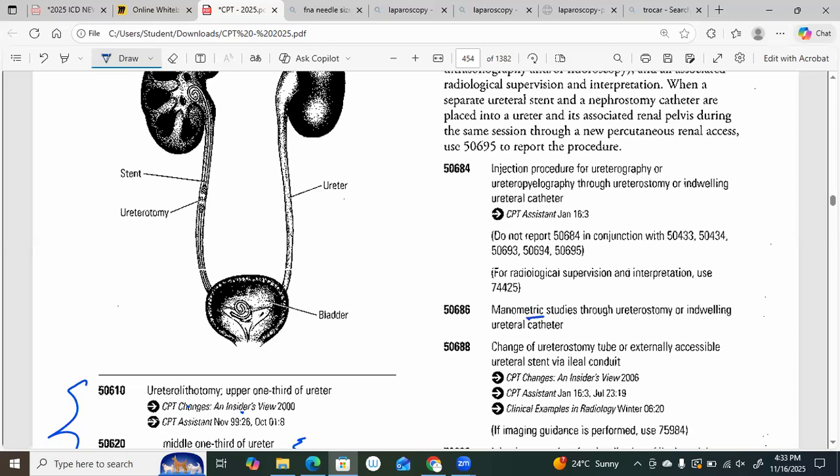Manometric studies means checking the pressure of that area. 50684 injection procedure for ureterography. So these are the very normal procedures. We do not have any specific guideline on these procedures, so I'm skipping it out.